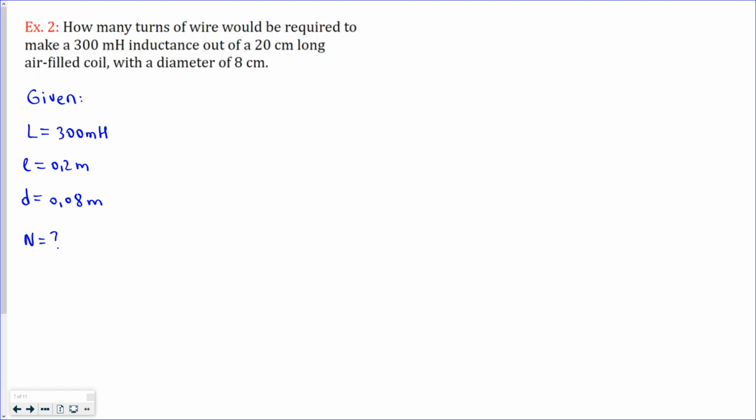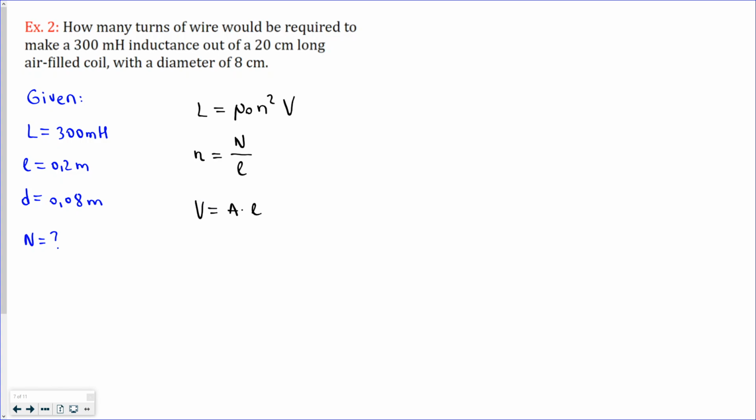So the inductance of the solenoid can be found by this equation, and n here is the turns density, it is N over L. Then V is the area times the length of the solenoid.